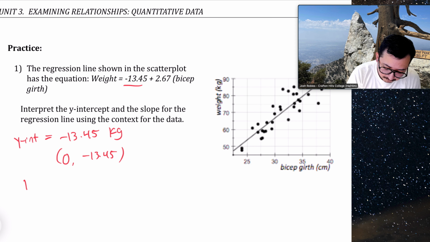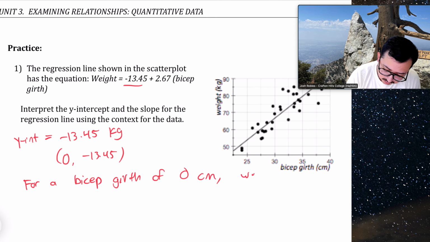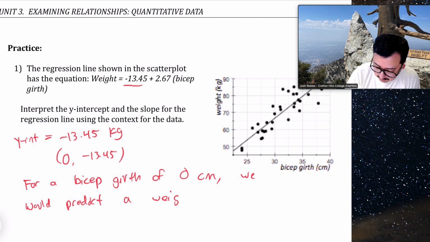So for a bicep girth of 0 centimeters, we would predict a weight of negative 13.45 kilograms.